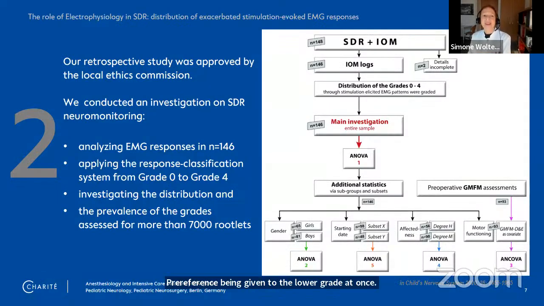This was the method. Now I would like to turn to our retrospective study, which was approved by the local ethics commission. We conducted this investigation on SDR neuromonitoring, analyzing EMG responses in 146 patients, applying this response classification system from grade 0 to grade 4, which you have seen before, and investigating the distribution and the prevalence of the grades, assessed in more than 7,000 rootlets.